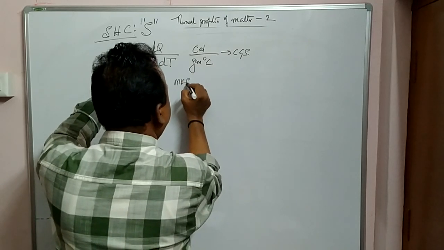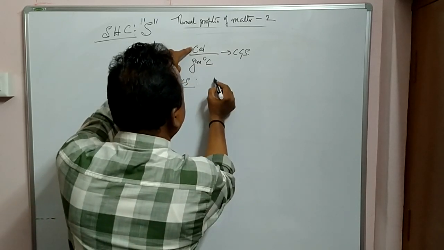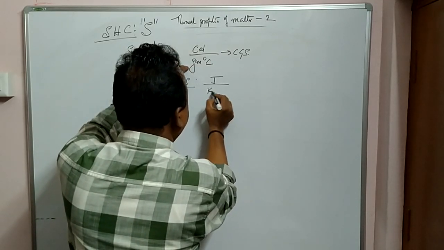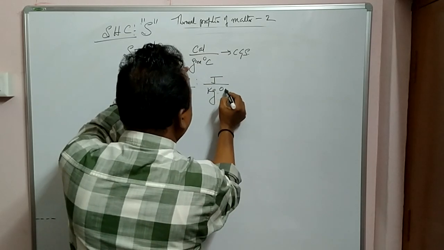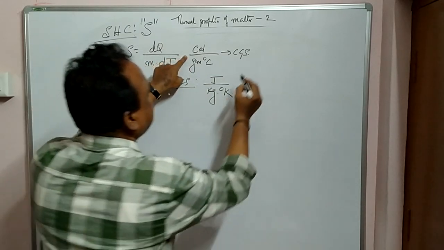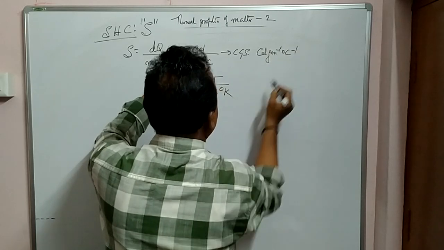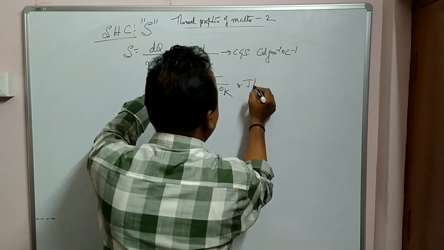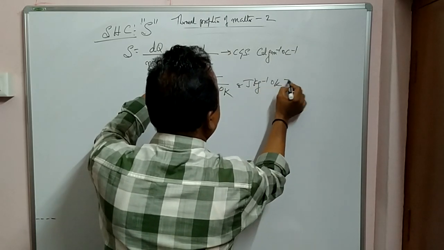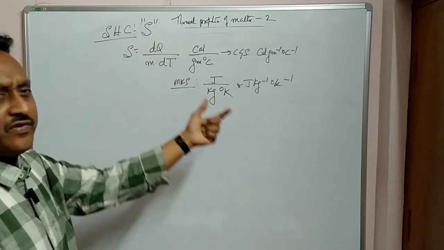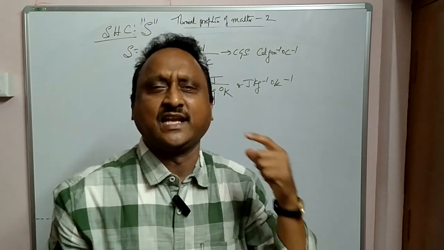Or in MKS: joule per kilogram degree Kelvin. The same thing I can write as calorie gram inverse degree centigrade inverse, or joule kg inverse degree Kelvin inverse. This is the definition and units of specific heat capacity.